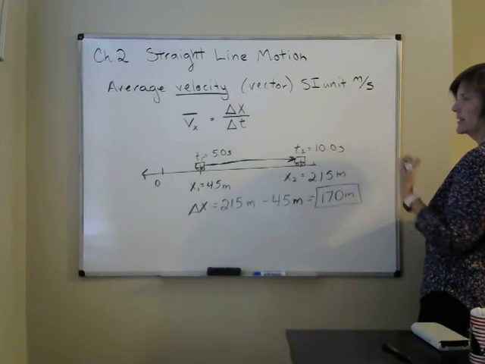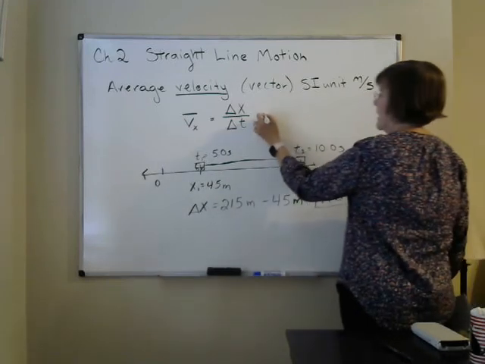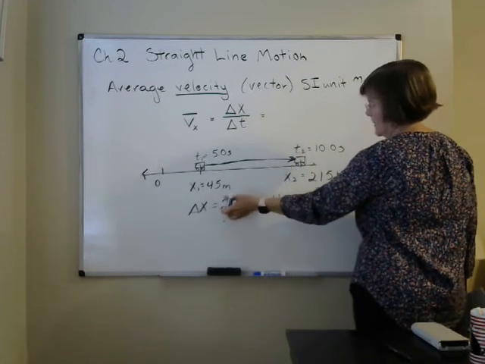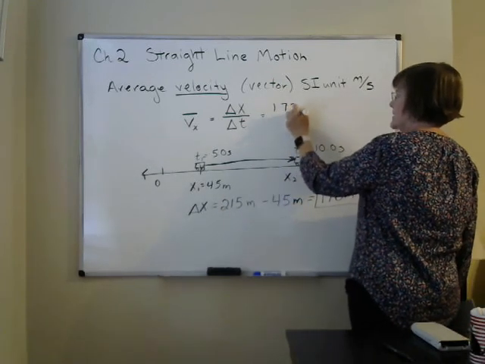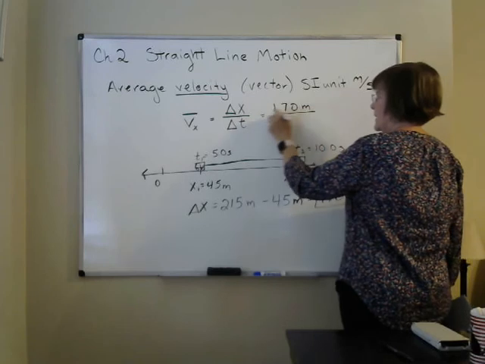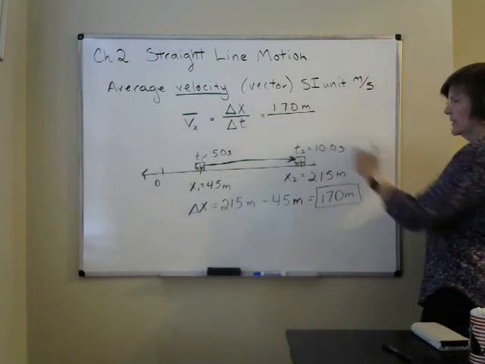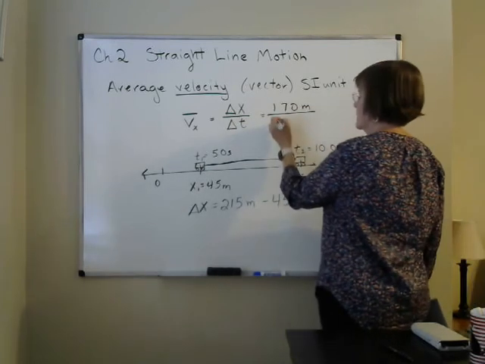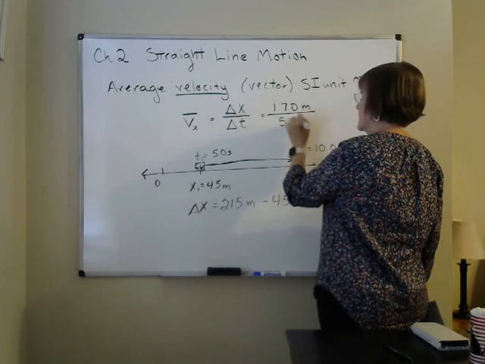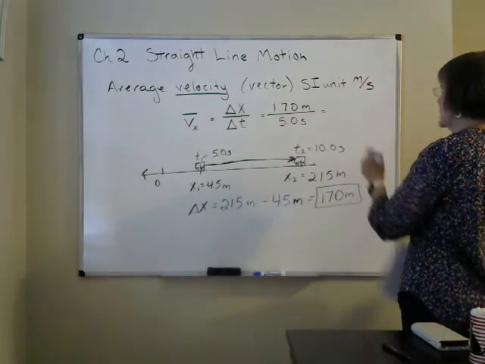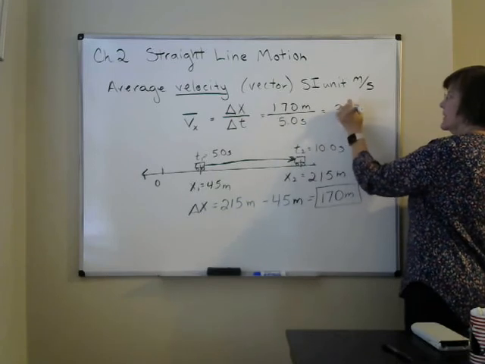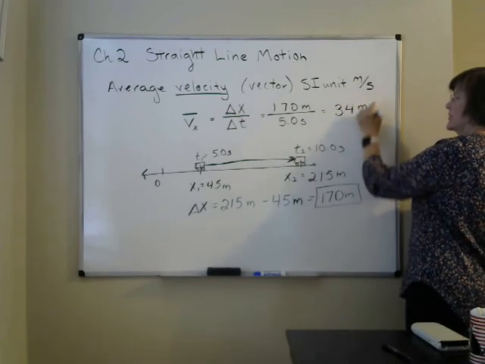So it's simply displacement divided by the time. We've already calculated the displacement, the 215 minus the 45. That was 170 meters. The time interval, t2 minus t1, is 5 seconds. 170 meters divided by 5 seconds is 34 meters per second.